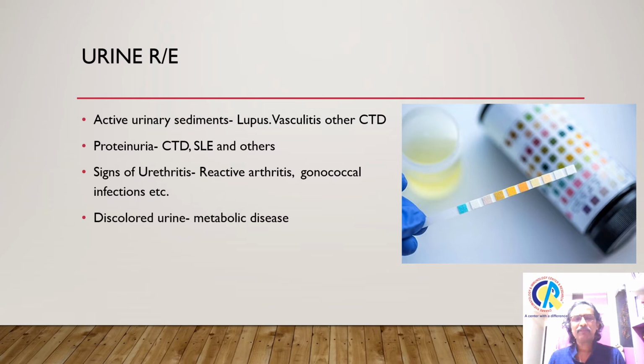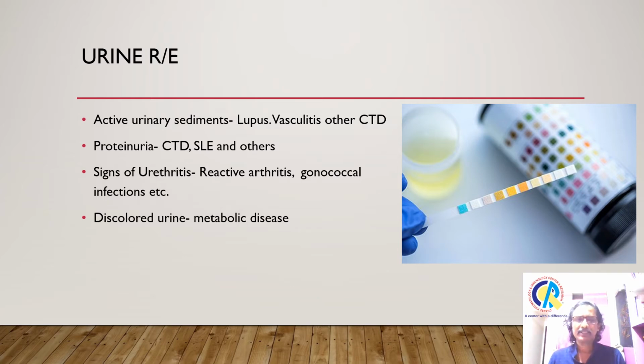Sometimes the signs of urethritis may also be there. It is reflected in the urine examination by increased pus cells and the presence of active nitrate reduction. And sometimes, even if you examine with gram stain, you may see bacteria, and one can especially identify gonococcal infections.